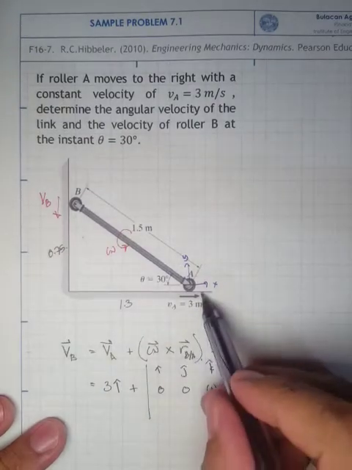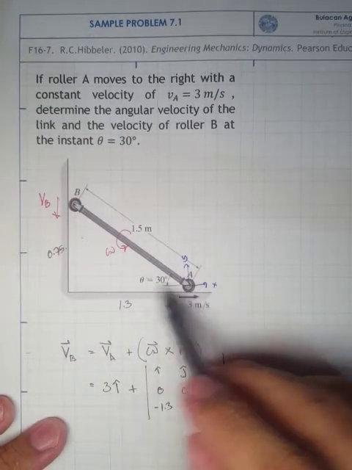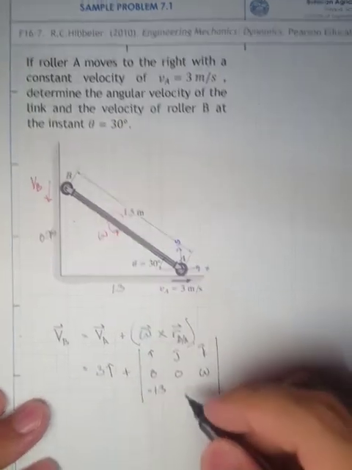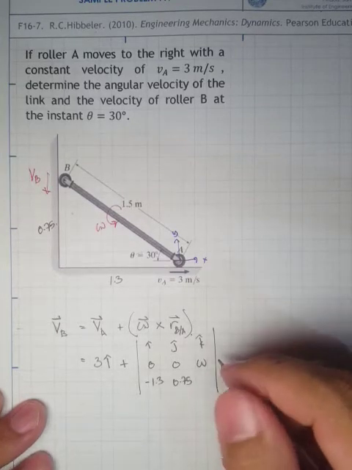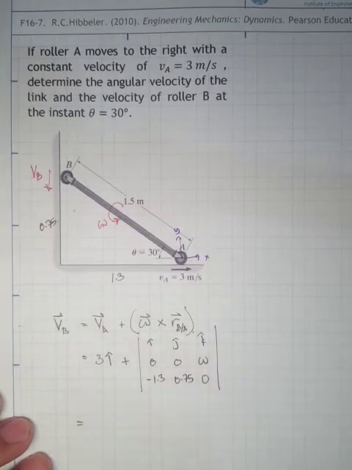Okay, so along the x we have negative 1.3, because it's to the left of point A. Then along the y it's 0.75, and along z it's just 0. Okay, so we move on.